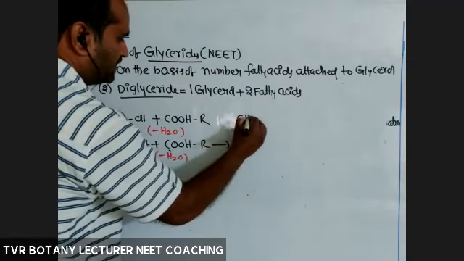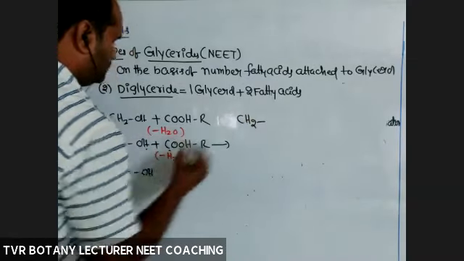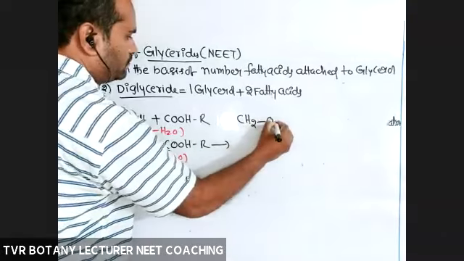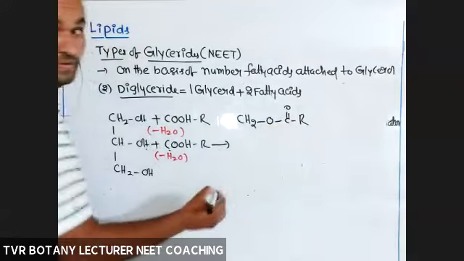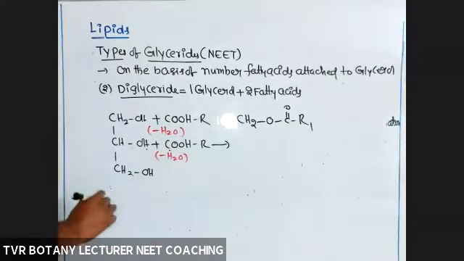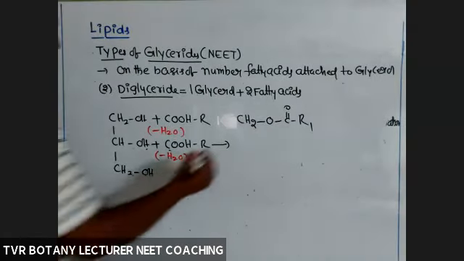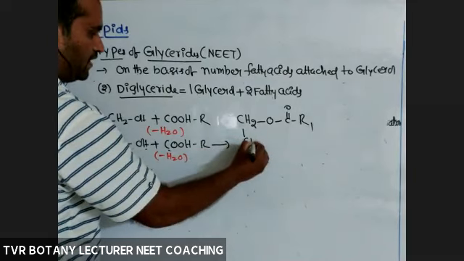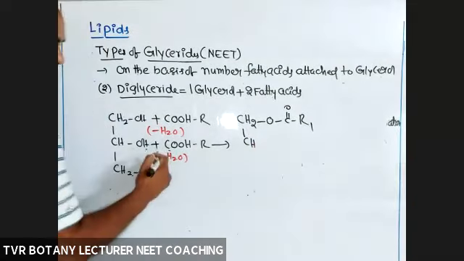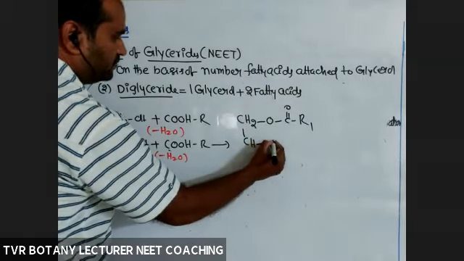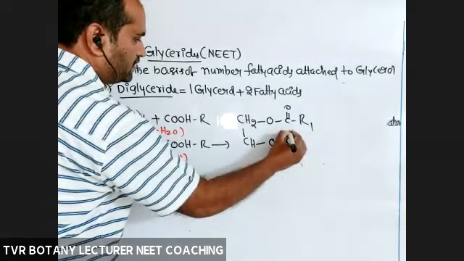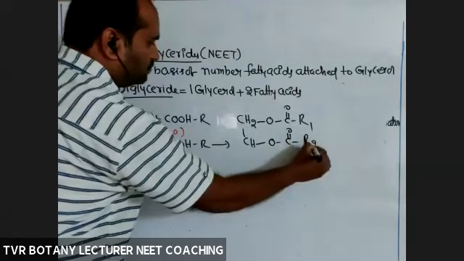So now see diglyceride: CH2O C double bond R1. Okay. Next, this side is given in your textbook. I'm taking this side: CHO C double bond O R2.